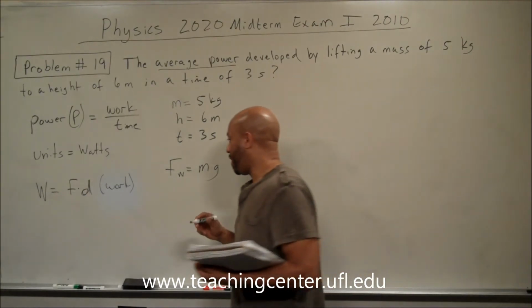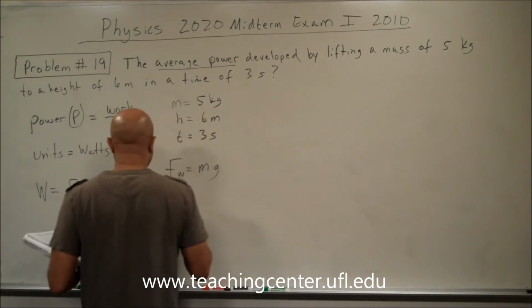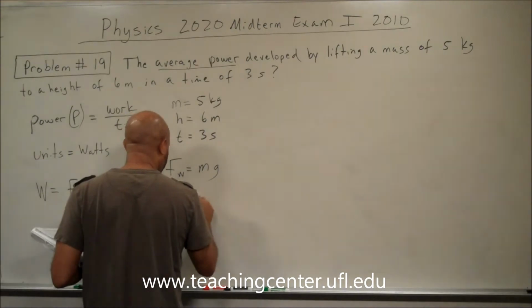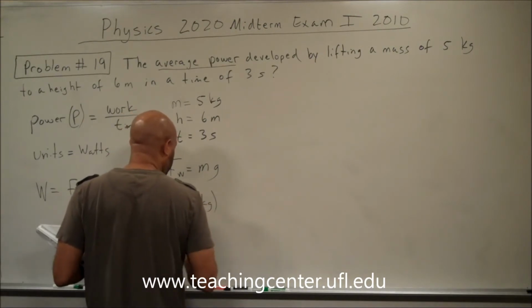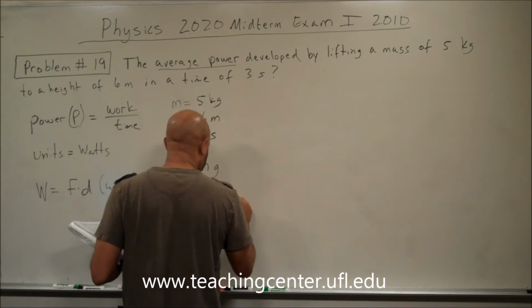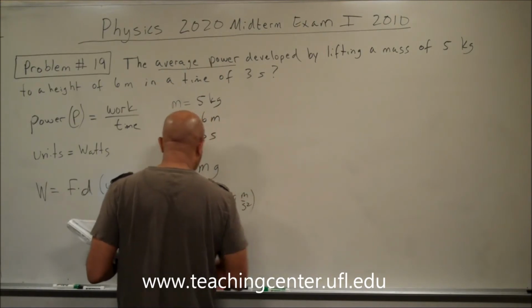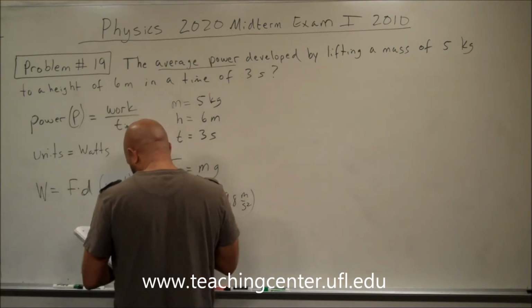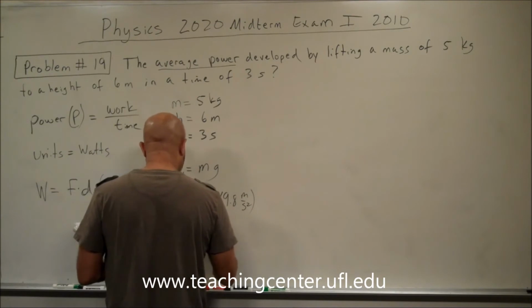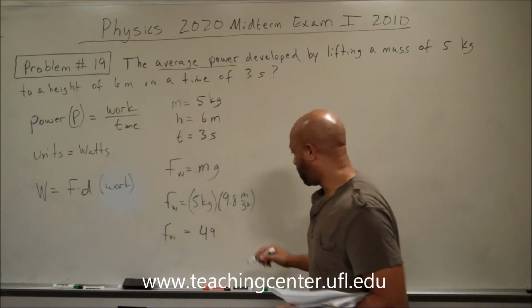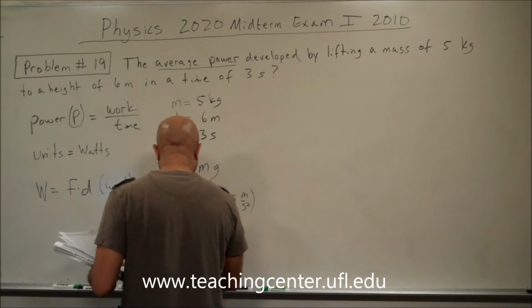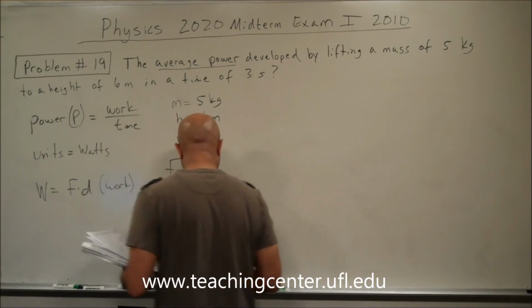Alright? And so the force is equal to 5 kilograms multiplied by 9.8 meters per second squared, which is your acceleration, and that works out to be 49 kilograms times meters per second squared, which we just call a Newton.